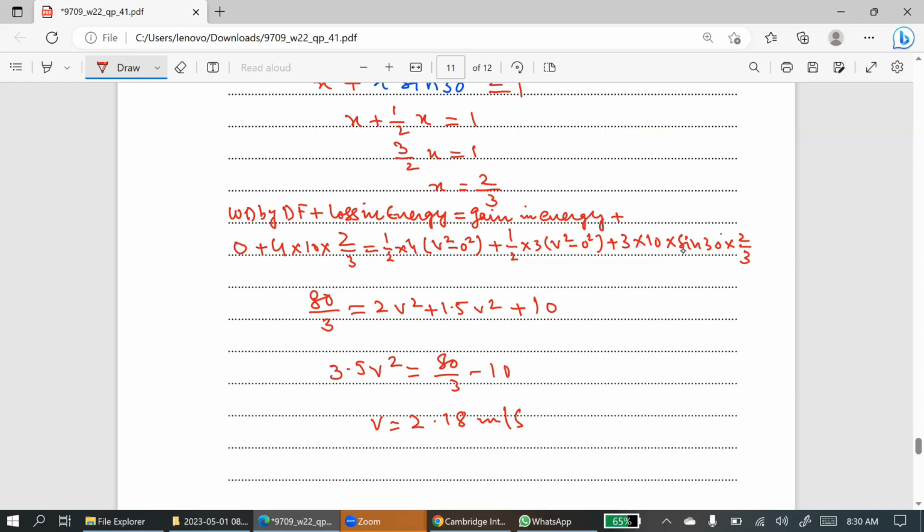There are three gains: gain in kinetic energy of A, plus gain in kinetic energy of B, plus gain in potential energy of B. And the fourth one is plus work done against resistance. And there is no resistance in this question. So plus 0.